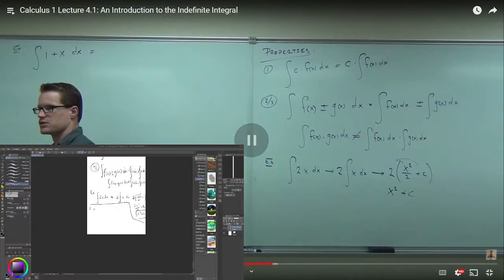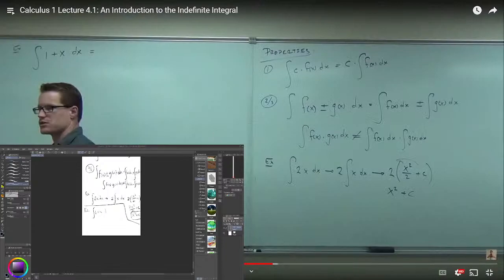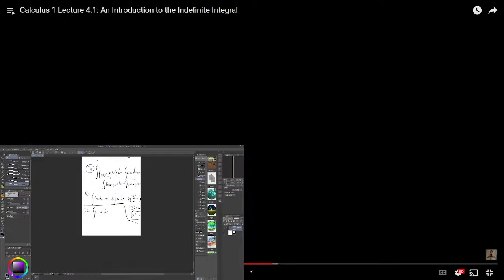The integral gives x plus x squared over 2.